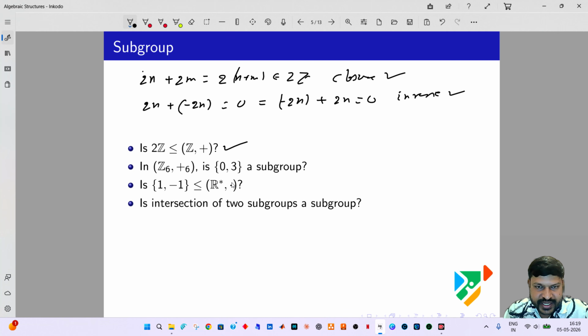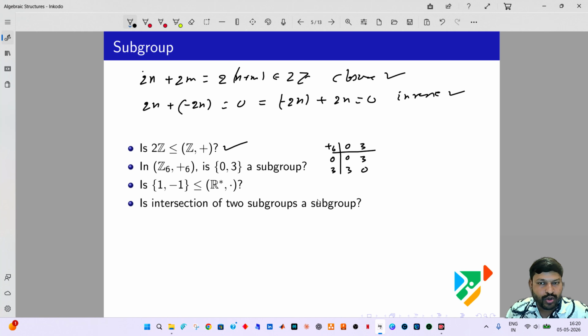Similarly, for this case, since it is a finite set, it is always a good option to use the Cayley table. So write the Cayley table for this subset {0, 3}. 0 plus 0 is 0, 0 plus 3 is 3, 3 plus 0 is 3, 3 plus 3 is 6. What is 6 modulo 6? 0.